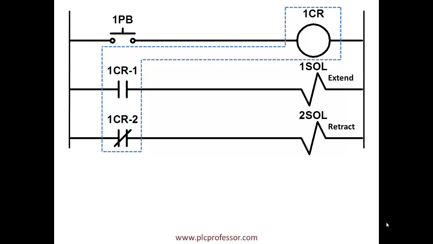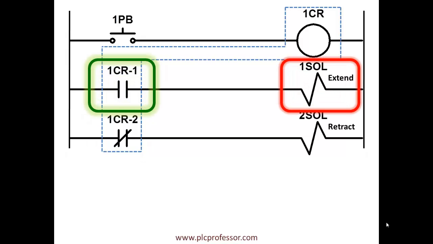The relay logic here uses the normally open contact of 1CR to energize solenoid 1, which shifts the spool in the pneumatic valve to switch the pressure to the rear of the piston to extend the cylinder, and vice versa.